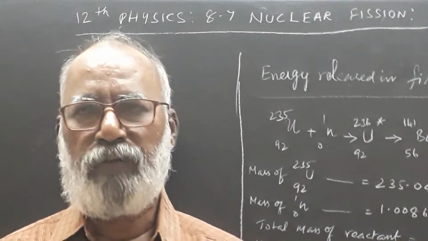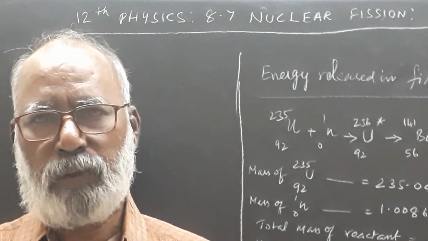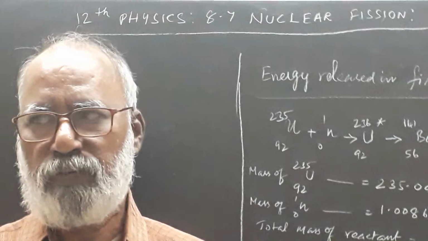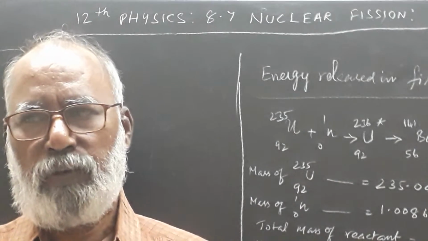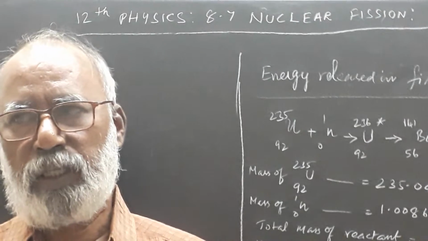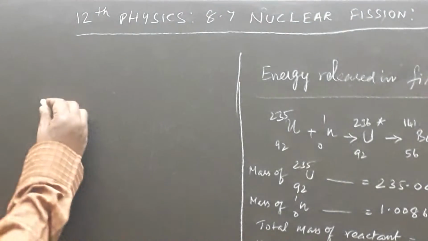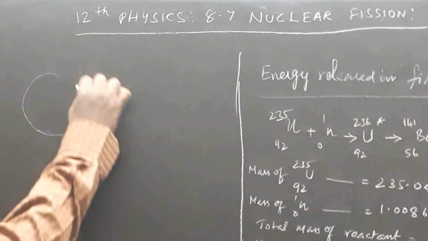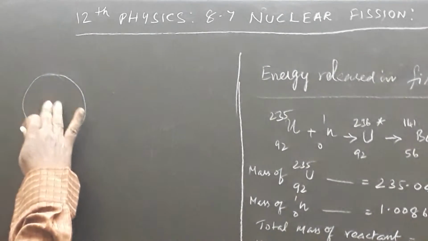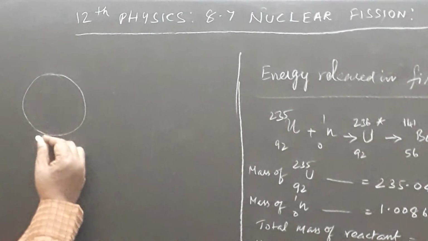8.7 Nuclear fission. When we are going to see something about nuclear fission, first we must know what fission is. When you think about fission, you have to think about the heaviest or biggest object.